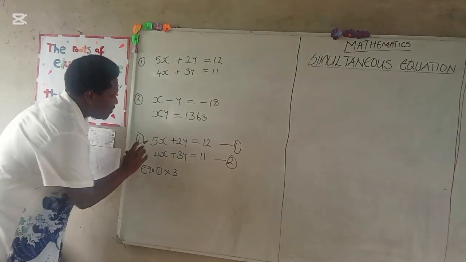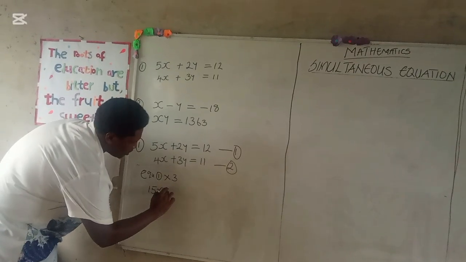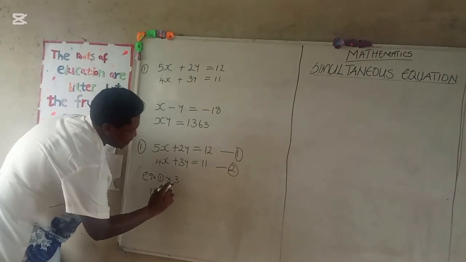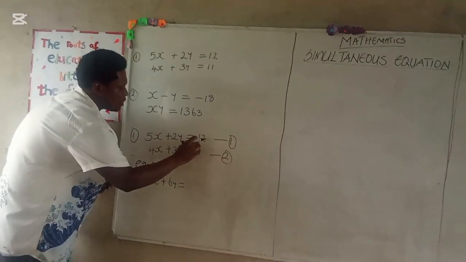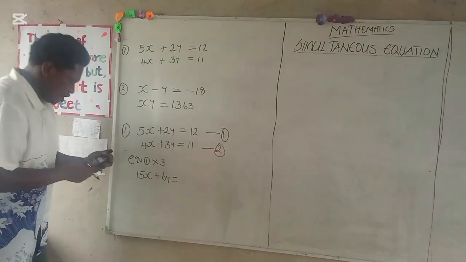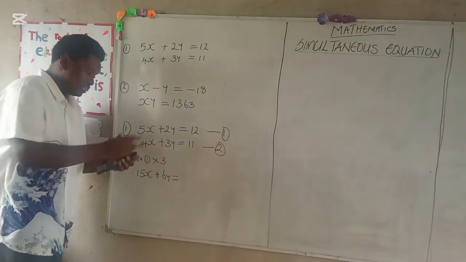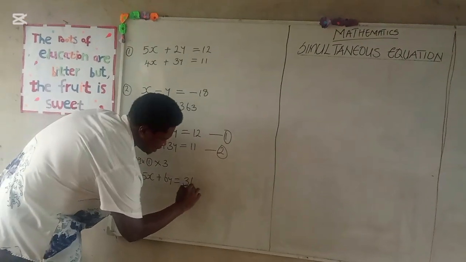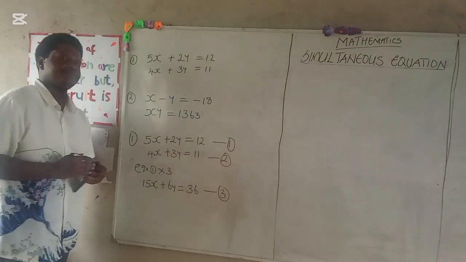So we have 5x times 3, we are going to have 15x, plus 2y times 3, we are going to have 6y, equal to 12 times 3. 12 times 3, we are going to have 36. Yes, 12 times 3, we have 36. And then we'll arrive at equation 3.